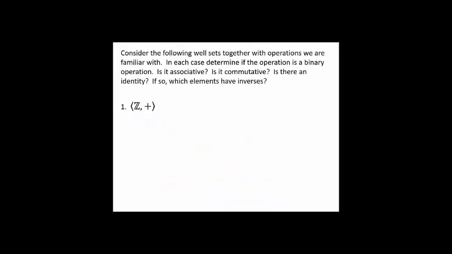So now I'd like to just go through some very simple sets with operations and ask ourselves if they are binary operations, and if so, are they associative, commutative, is there an identity, and what elements have inverses. Plus is a binary operation. Plus is associative.